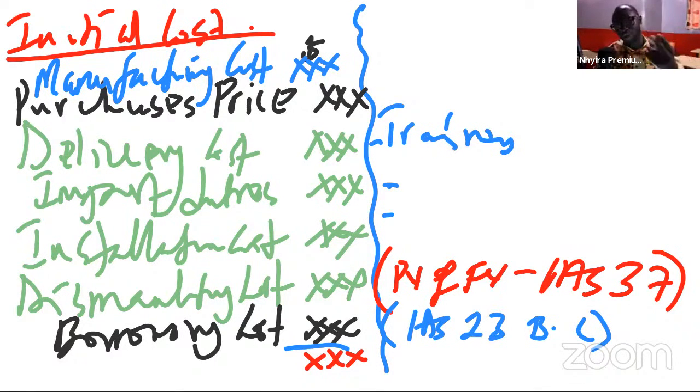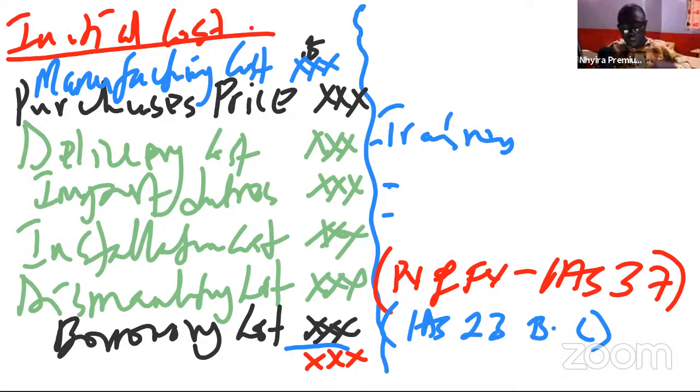Number one. Number two, the cost must be reliably measured. And then number three, it is probable that the future economic benefits in the asset will flow to the entity. If this recognition criteria is met, then we can recognize it.